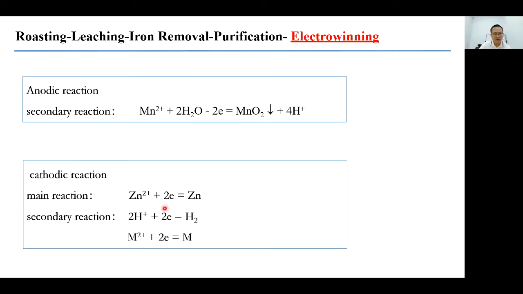In the cathode reaction, we are producing zinc precipitate, and secondary reactions also happen, especially when we have high cobalt and cadmium content in the solution. If those impurity elements precipitate in the cathode, hydrogen may form as well.